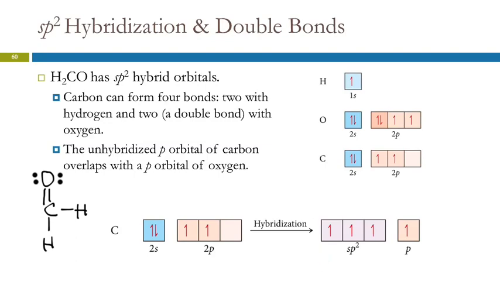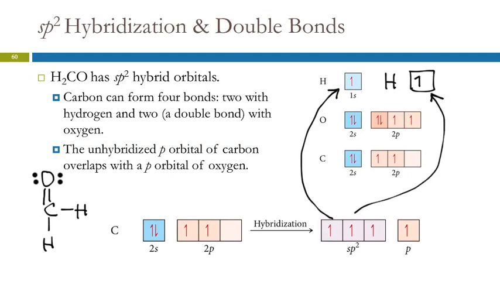So we can get overlap of the s orbital in the hydrogen with one of the hybrid orbitals. This hybrid orbital overlaps with another hydrogen, and then this one overlaps with one of the half-filled p orbitals on the oxygen.